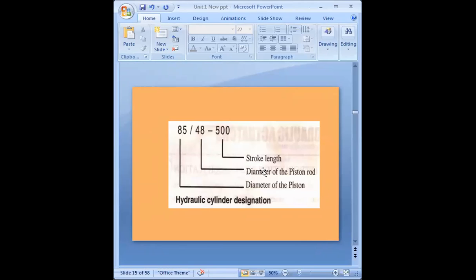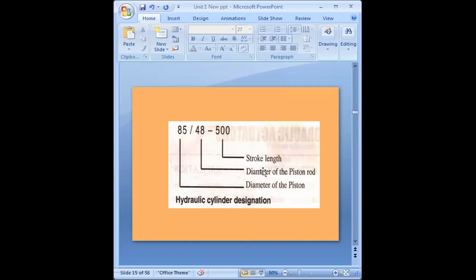Now, one small question arises: how to designate the hydraulic cylinder in industries?